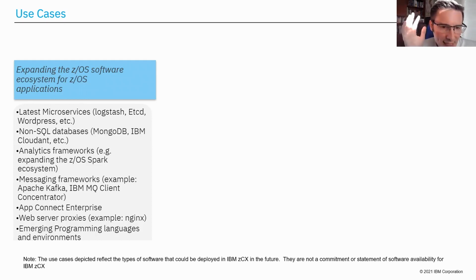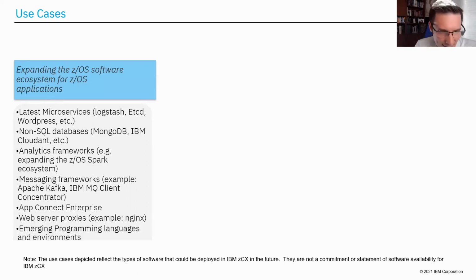But this is just a high level overview of some of the use cases and why you might want to use ZCX. So again, to exploit the latest microservices, if you have a zOS application today that is leveraging a microservice or would like to leverage a microservice, but you want to be able to have control of that microservice and you want to have optimal performance when invoking that microservice, and that microservice only resides on Linux, guess what? You're in luck.